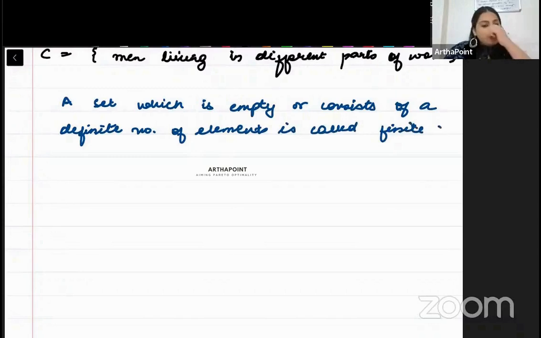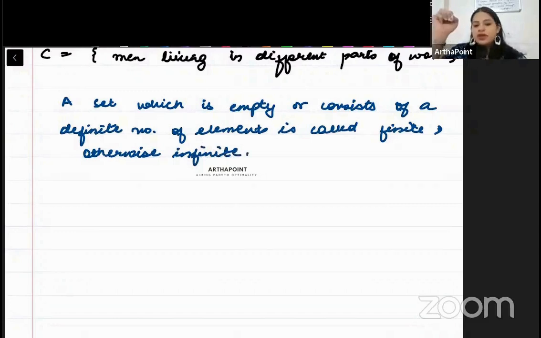Many children get confused about whether the null set is finite or infinite. Beta, it has no element at all, so it has to be a finite set, right? So any set which is empty or contains a definite number of elements is called a finite set. Otherwise, it is an infinite set.